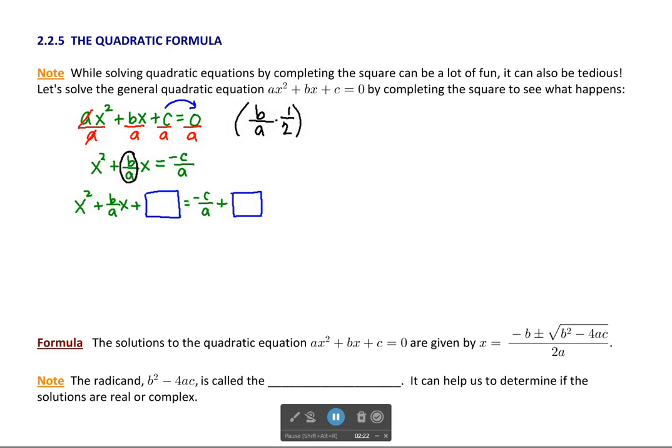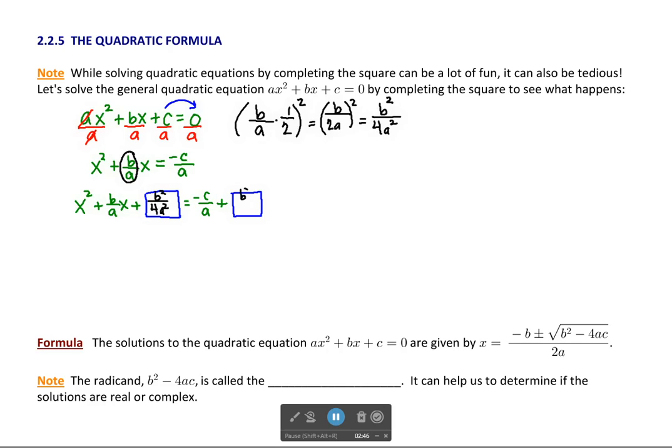So I'm essentially dividing by 2 and squaring. So multiplying the fractions, we have b over 2a squared. And squaring the top gives me b squared, and squaring the bottom gives me 4a squared. So that's the magic number that I want to add to both sides. So we have b squared over 4a squared here.